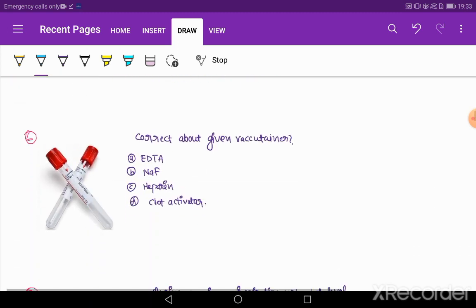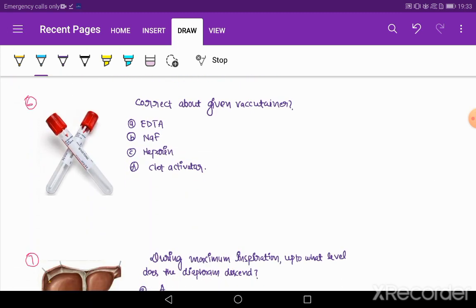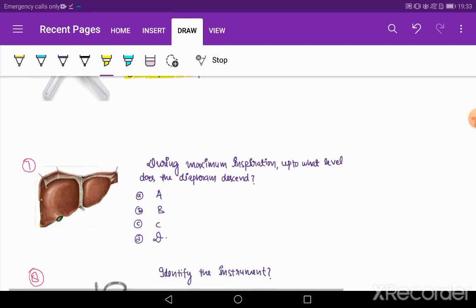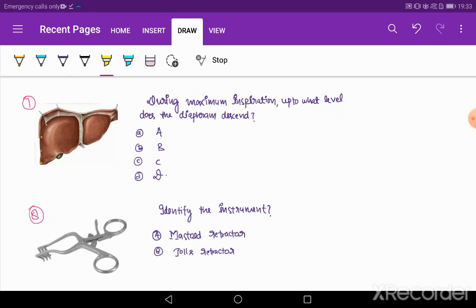Our next question is, correct about the given vacutainer. This is a clot activator. Our next question is, during maximum inspiration up to what level does the diaphragm descend?